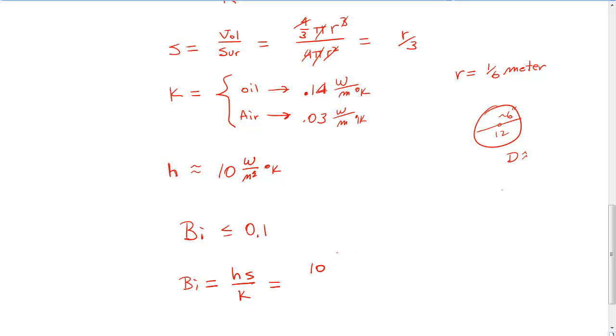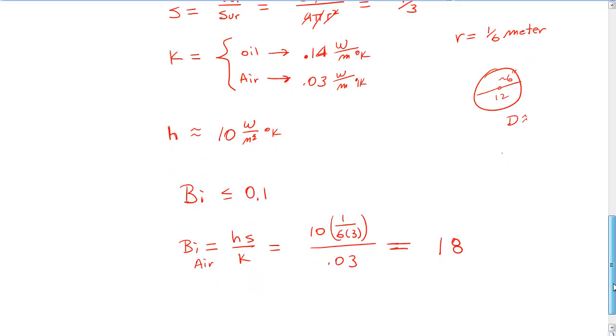S is now 1/6 times 3, and the K would be either 0.01 or 0.03. So let's do this one, and we'll call this air. I would get around 18 and change.